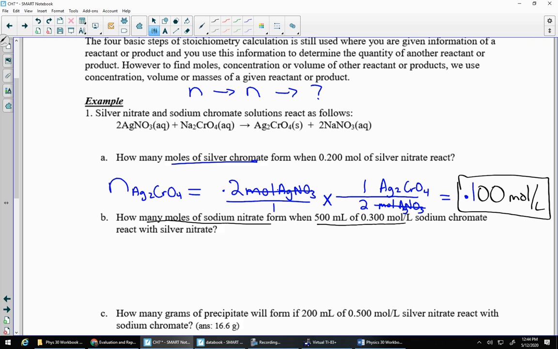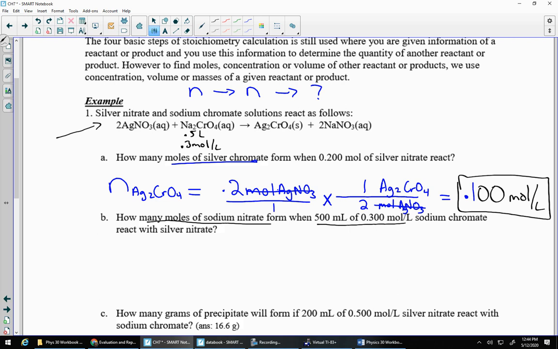Okay, let's summarize this up here underneath my chemical reaction. You may or may not want to do this. I have an easy time erasing on the smartboard. Piece of paper, maybe a little less so. So we've got 500 milliliters. I might change that to liters, so 0.5 liters, and that's talking about my sodium chromate. So 0.5 liters and 0.3 moles per liter.